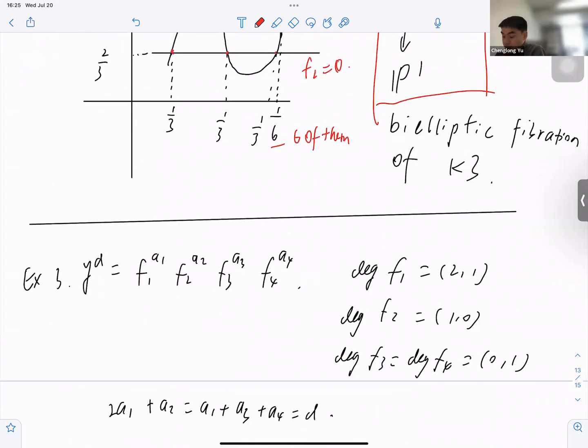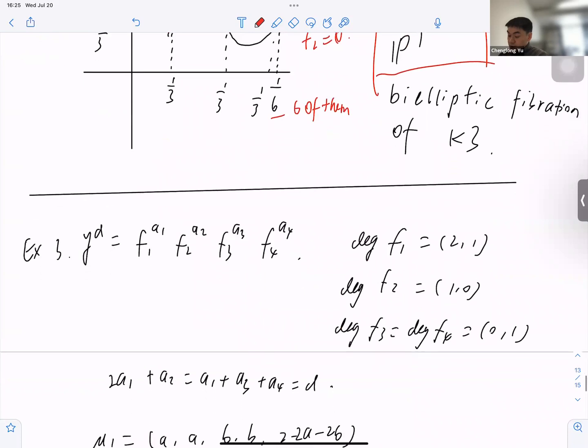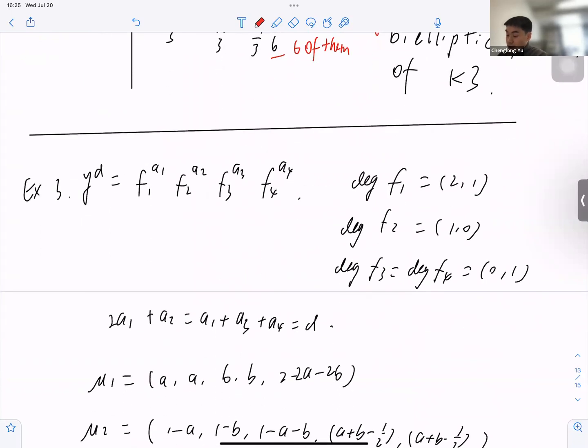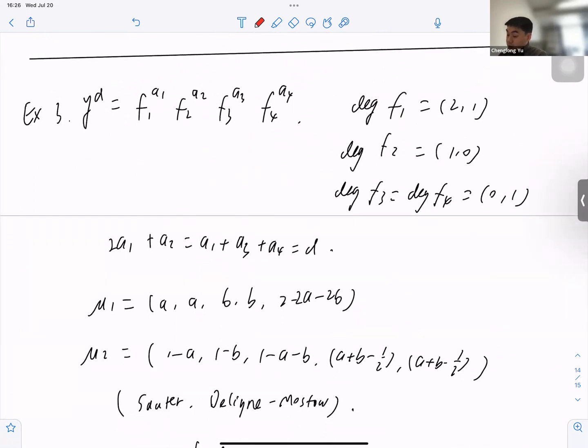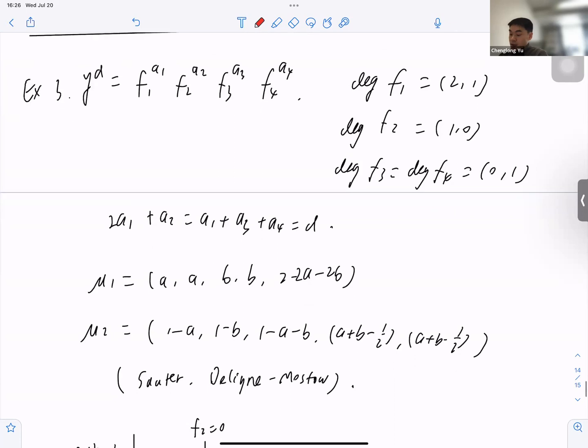And the next example is the example where we recover Sauter and Deligne-Mostow's result. So in this example, we have 4 curves with corresponding degrees (2,1), (1,0), (0,1), and so on. And the numerical condition we are given is just equivalent to this one. So by solving this equation, we have 4 parameters and 2 equations.